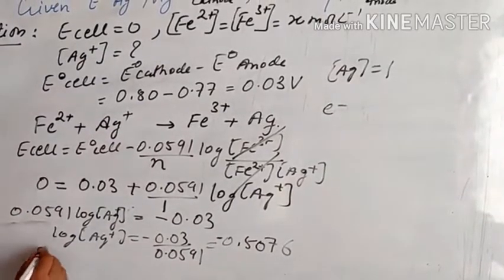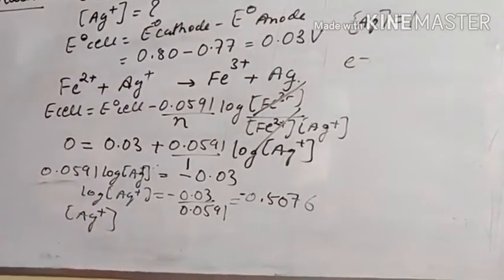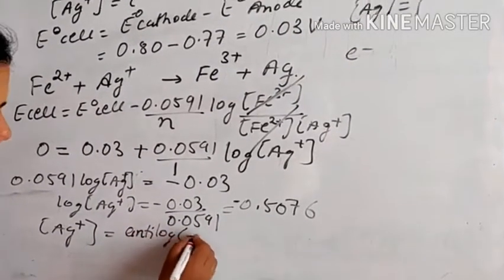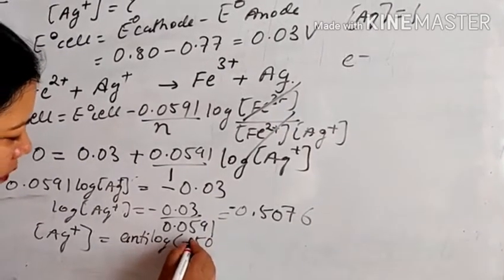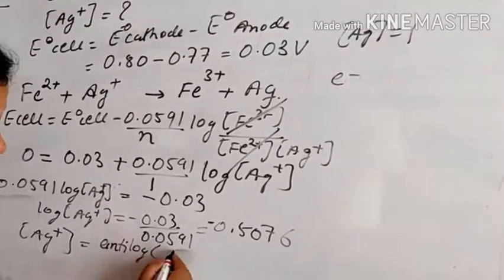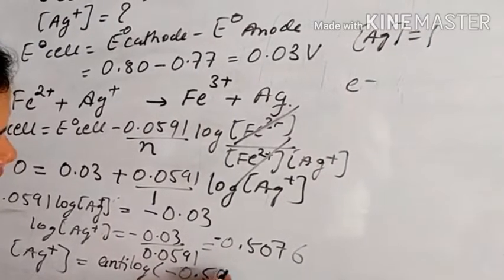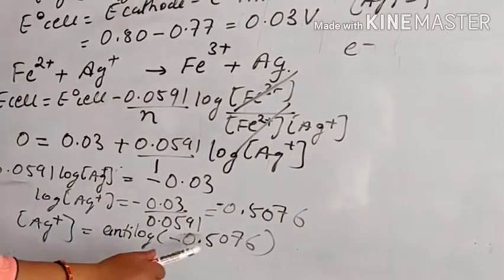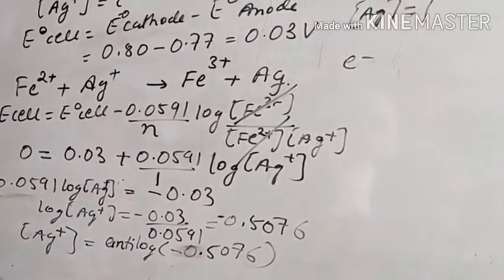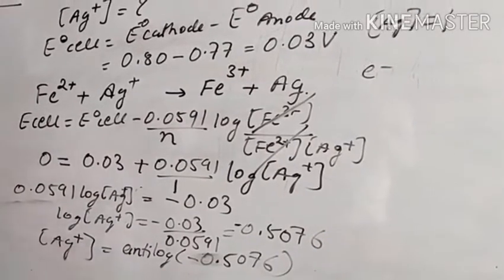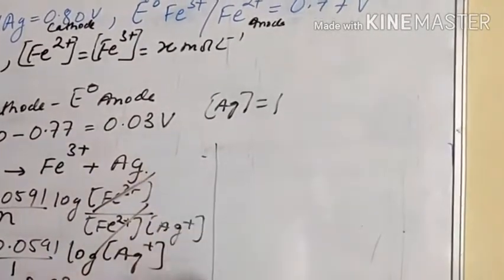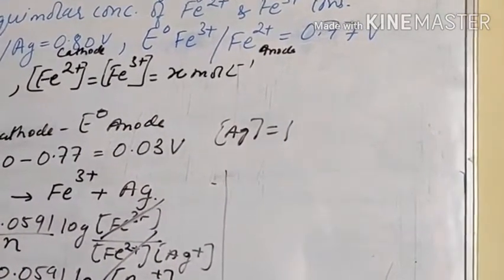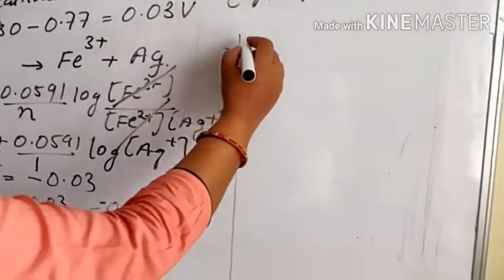Now the concentration of Ag+ ion will be equal to the anti-log of this number, anti-log of minus 0.5076. Since you know that the anti-log for a negative number cannot be seen, first of all this number will be changed into positive.